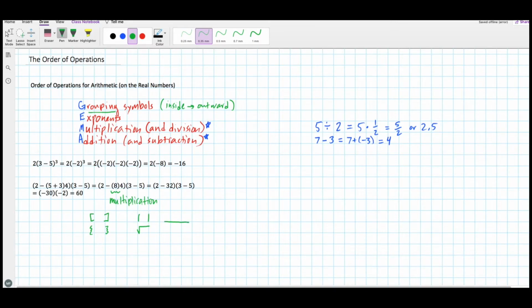If I have a division bar and I have things written on top and the bottom, this has formed two groups. We have the top and the bottom. And so if there are any operations going on inside the numerator or inside the denominator, those need to be performed before we actually do the division. In terms of exponents, you really just use any grouping symbols to determine this. So let's look at another example.